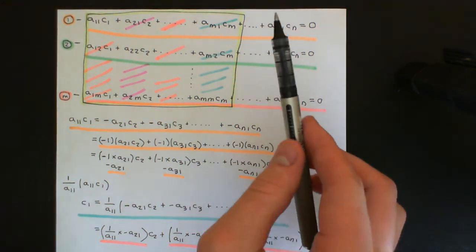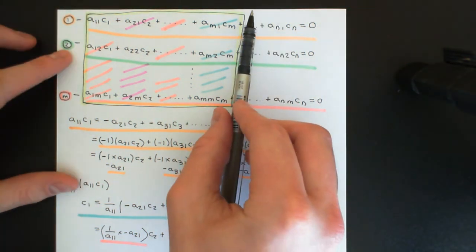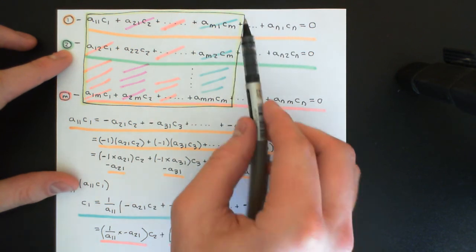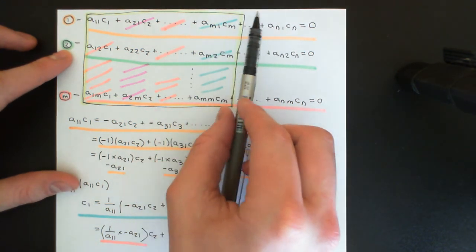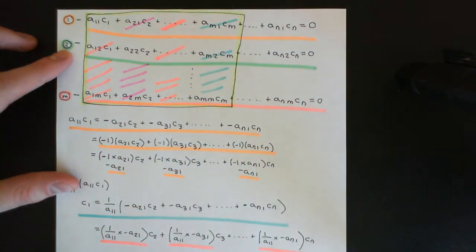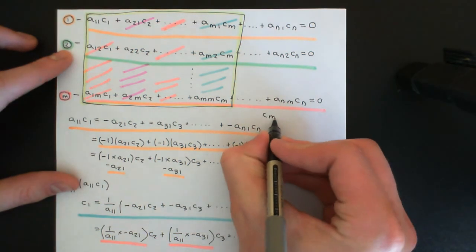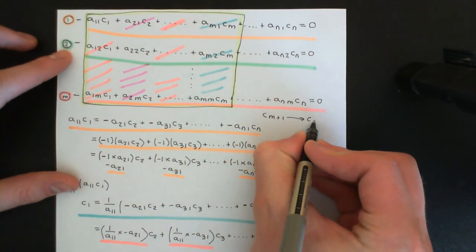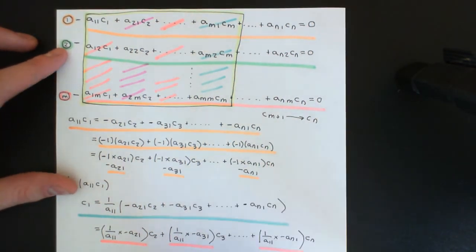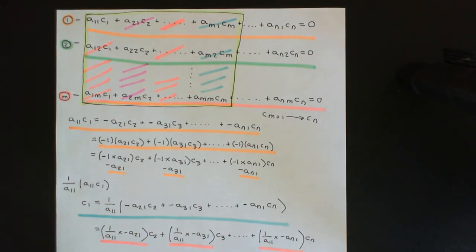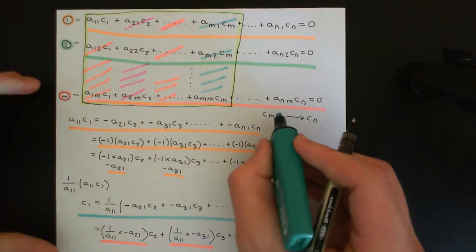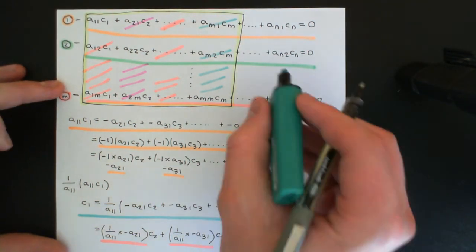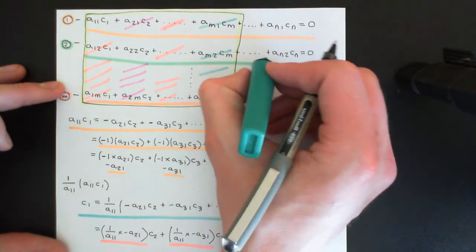Well, what you can now do is let the other C's, so the C's above m, equal whatever you like. So let Cm plus 1 all the way up to Cn equal whatever elements of the field you like. Choose arbitrary elements of the field, specifically choose non-zero elements of the field, and stick them in there.